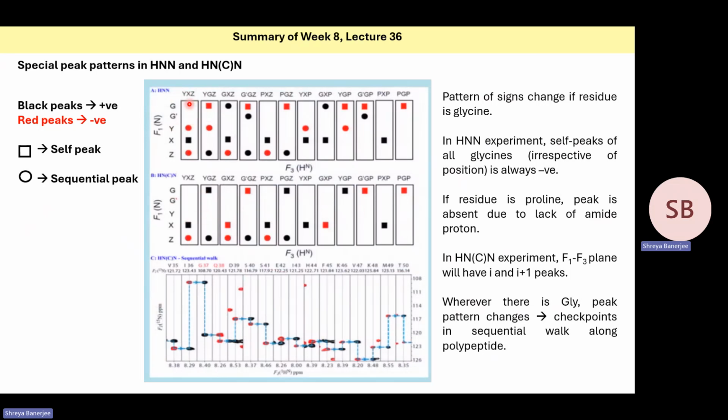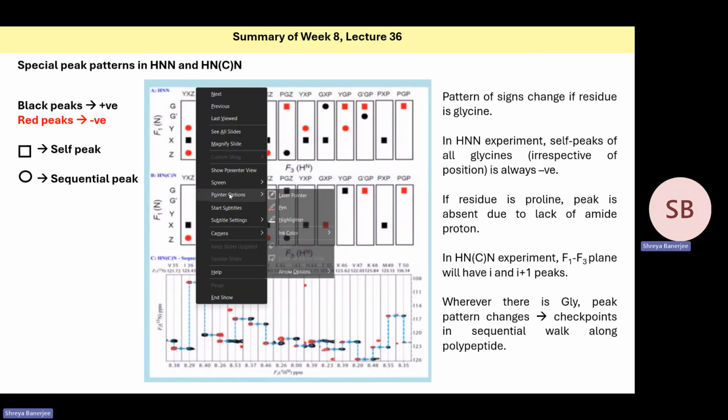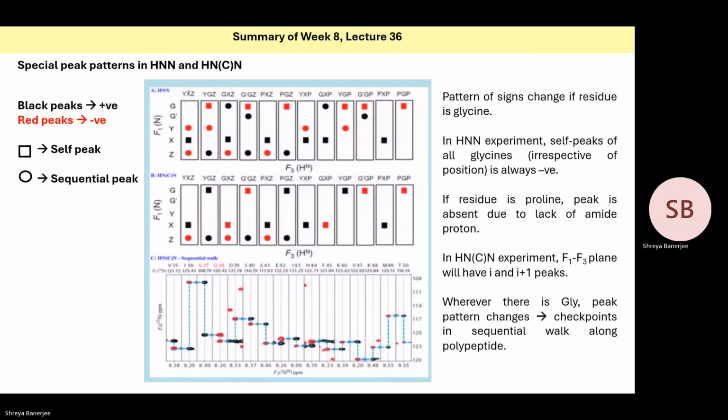Now, YXZ is a general tripeptide. Y, X, Z are each amino acids, and these amino acids are not Gly and not Pro, because Pro and Gly are special cases. So X is I, Z is I+1, and Y is I-1.